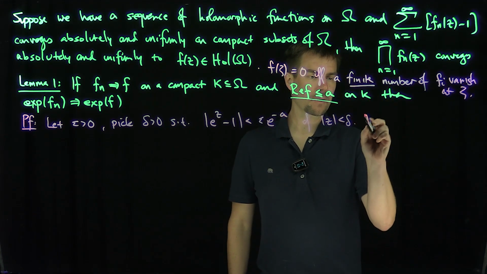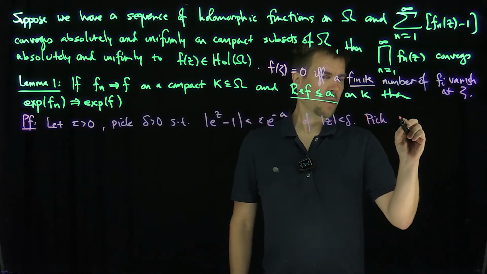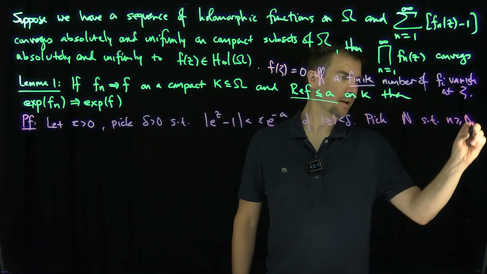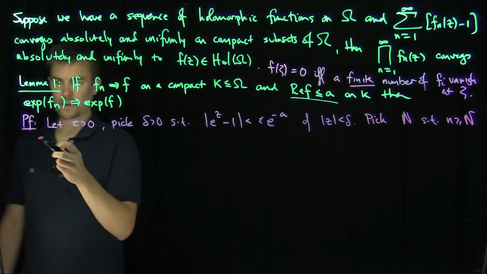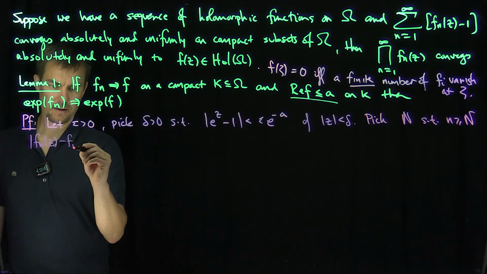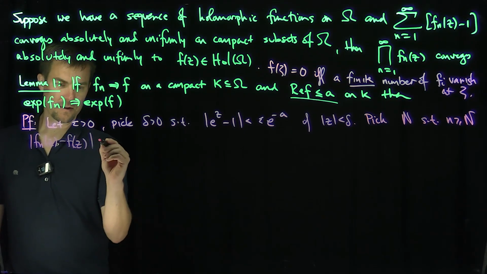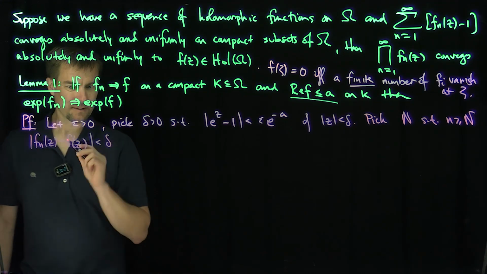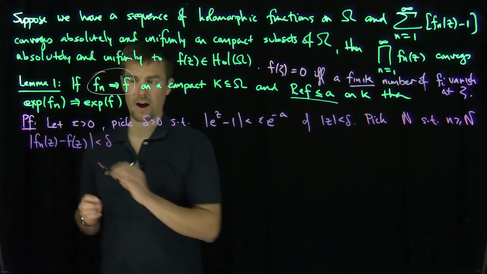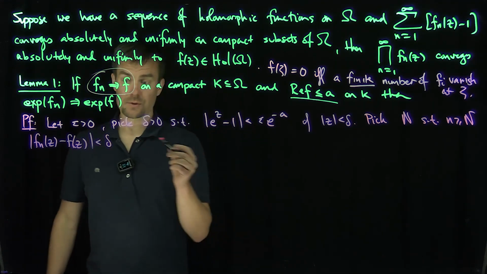Okay, and now pick N such that if little n is bigger than big N, we have |fn(z) - f(z)| less than delta, right? That's the uniform convergence. Now I've used uniform convergence over here. I've used this condition now.